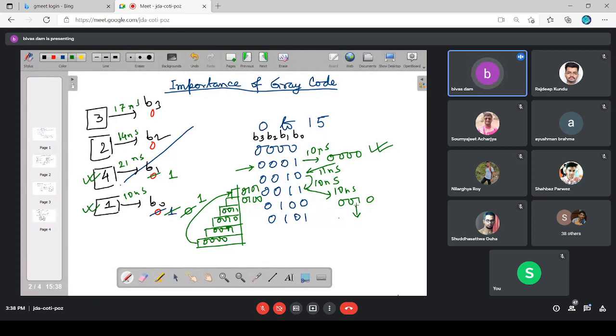So now after 0010, what should be the next response? After 4 nanosecond, it will be 0110. Then after 7 nanosecond it should be 0100, isn't it? Yes, sir. So that means that is nothing but this one.